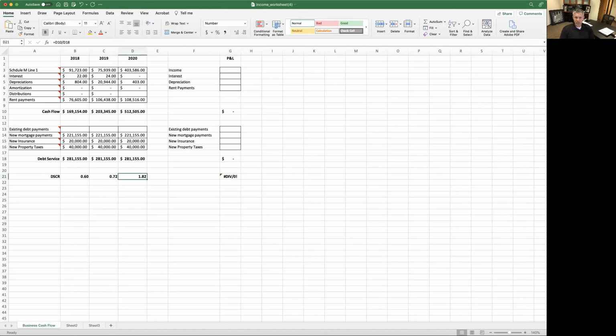And as you can see, we have 1 year, it's 1.82. We actually ended up getting the loan done, but as you could imagine, some lenders might not. So it's not exactly black and white. I mean, there's a lot of gray. And so just be aware of that as you go through the tax analysis.